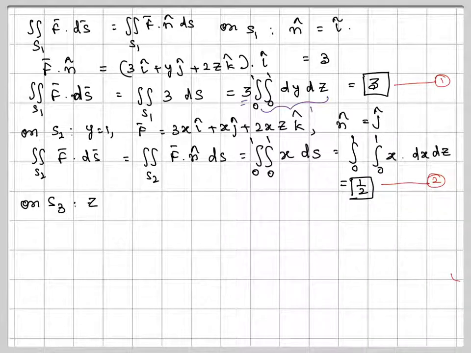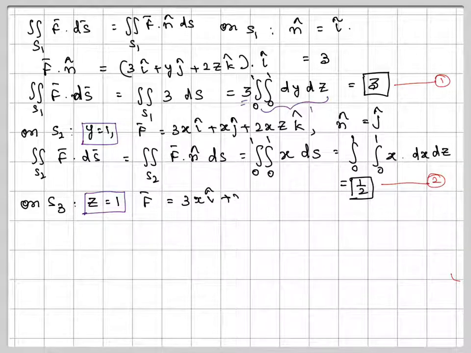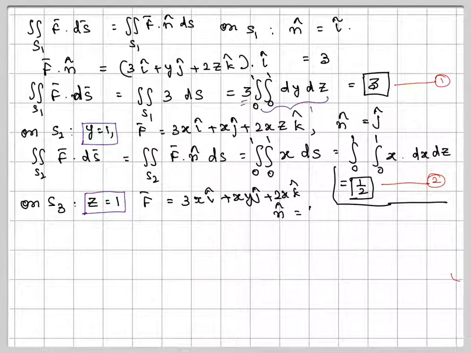Then on S3, z is equal to 1. If you substitute z equal to 1 into F, we get 3xi plus xyj plus 2xk. And the unit normal vector for that face, the upward positive normal, is going to be k.